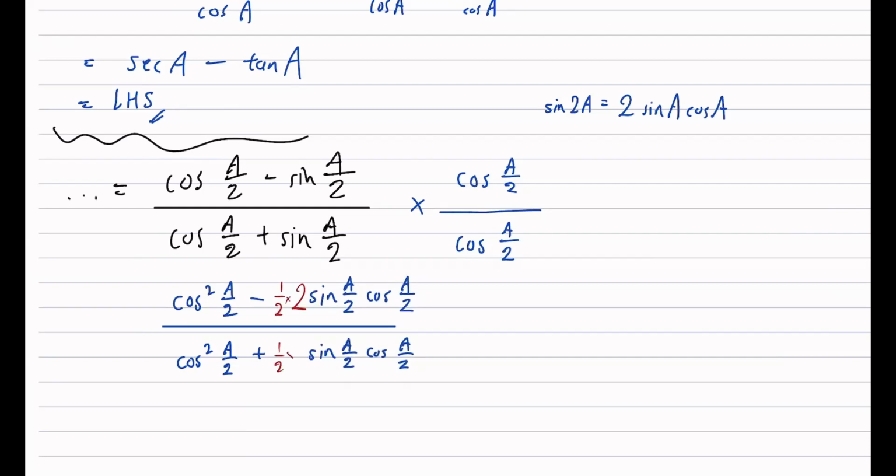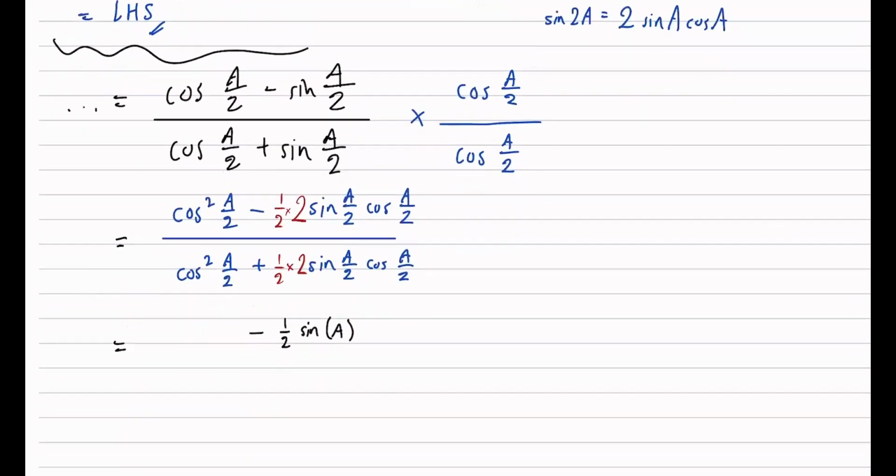Then we use an identity. That becomes cosine square A over 2 minus half of sine 2 times A over 2, that's just an A. Likewise for the bottom.